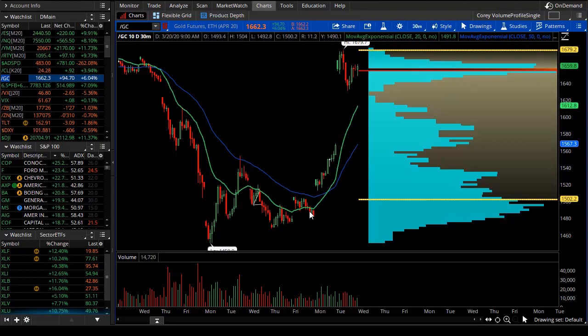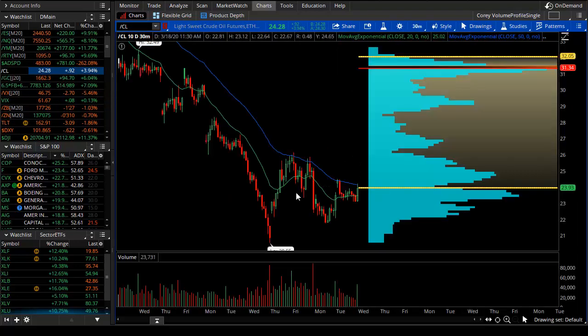So that is an example of how to use profile logic, or trading planning, from one profile extreme, in this case about 1,500 for gold futures, to the other side. And that peaked out today at about 1680 per ounce in gold.